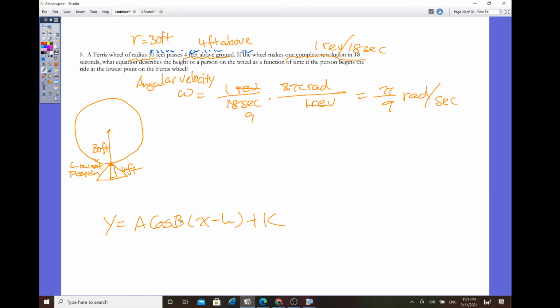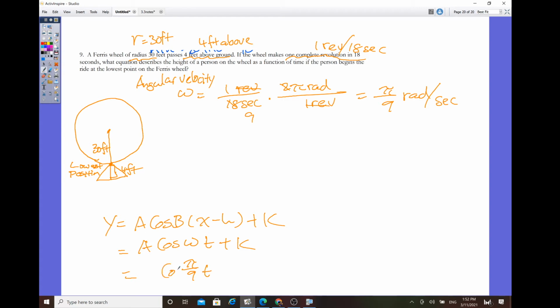So W is just like B, the angular velocity. Sometimes this is written as A cosine of W x, but instead of x, x is the time, the variable in terms of time. And then plus k. So W is pi over 9 times t.